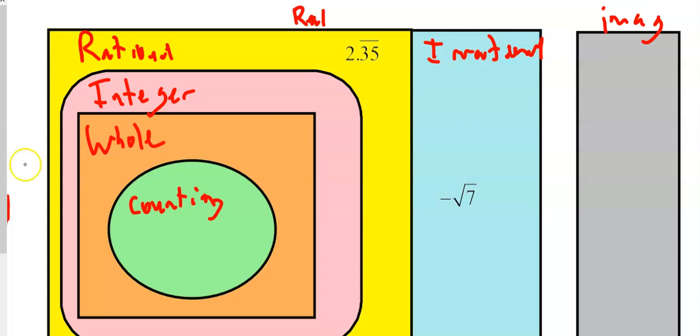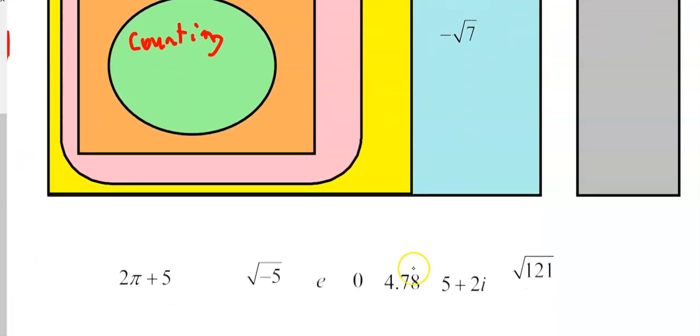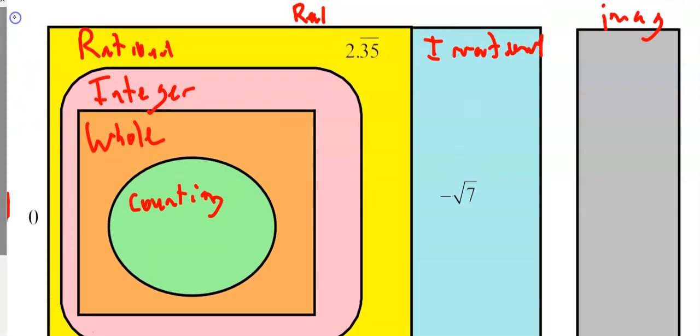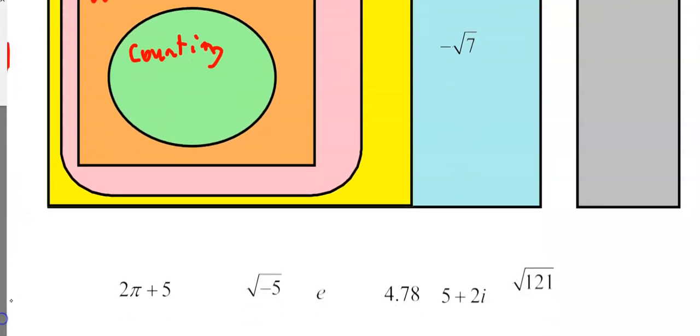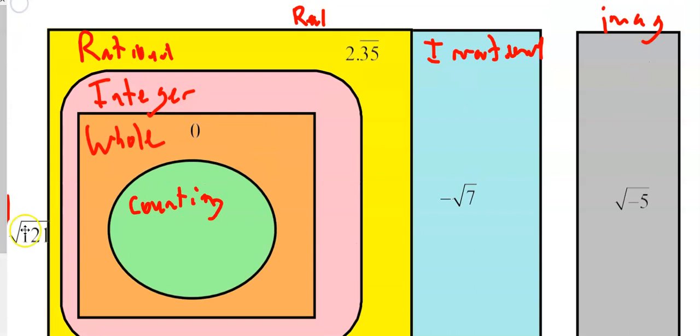Now 0, let's think about 0 here. 0 would be a whole number but it's also an integer. It's also rational. It's also real. Square root of a negative number is going to be imaginary. Square root of 121 is actually 11. Hopefully you know that. And so that's a counting number, which is also a type of whole number, type of integer, type of rational number.